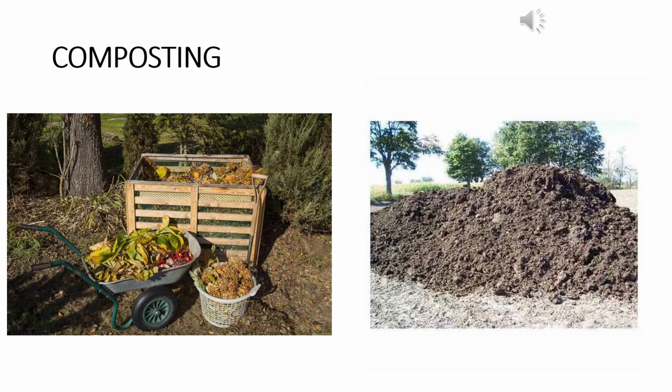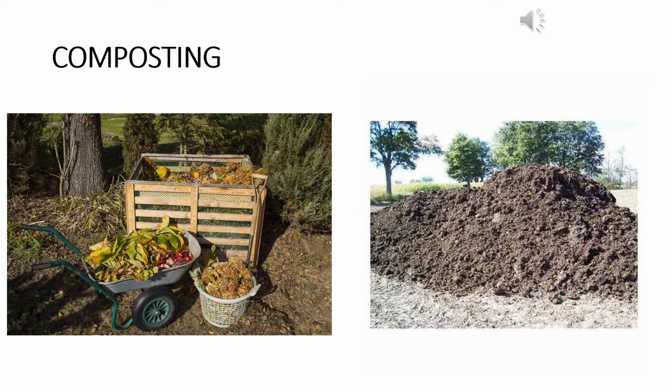Now there are a lot of ways and a lot of steps in which we can make compost out of the organic waste. First, we need to make a trench in the ground, or we can also use a wooden box like shown in the picture, and we can dump the wastes into that trench or that box.